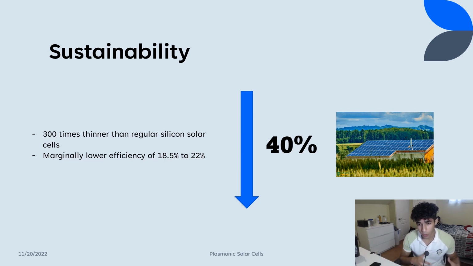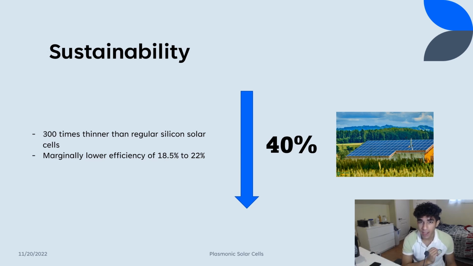And what's important to talk about is that 40% of the price of solar cells is in the silicon wafers. So the silicon wafers make up 40% of the price of silicon solar cells. So the fact that we can reduce the amount of silicon wafer used by 300 times reduces approximately 40% of the price.